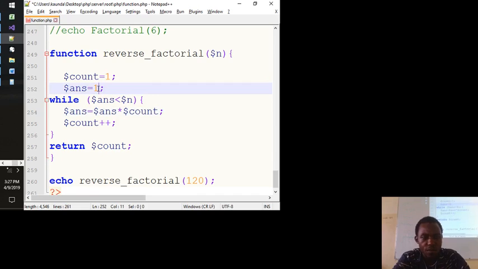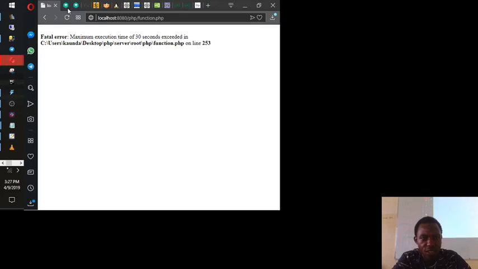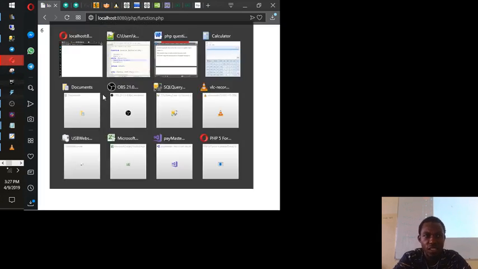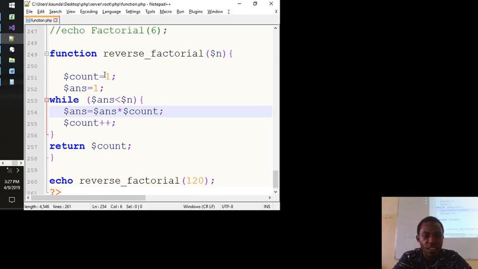So let's make this one 1. So 1 times 1 will be 1. This one will increase to 2. So it will be 1 times 2. That will be 2, so 2 will go here. Then 2 times 3. Yeah, this makes sense.